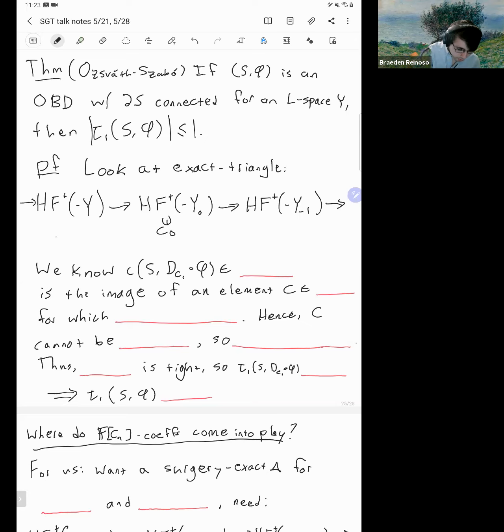And your contact class, c of S_V, is in there. And this guy here contains the contact class c of S, where you add a single Dehn twist along the binding component.